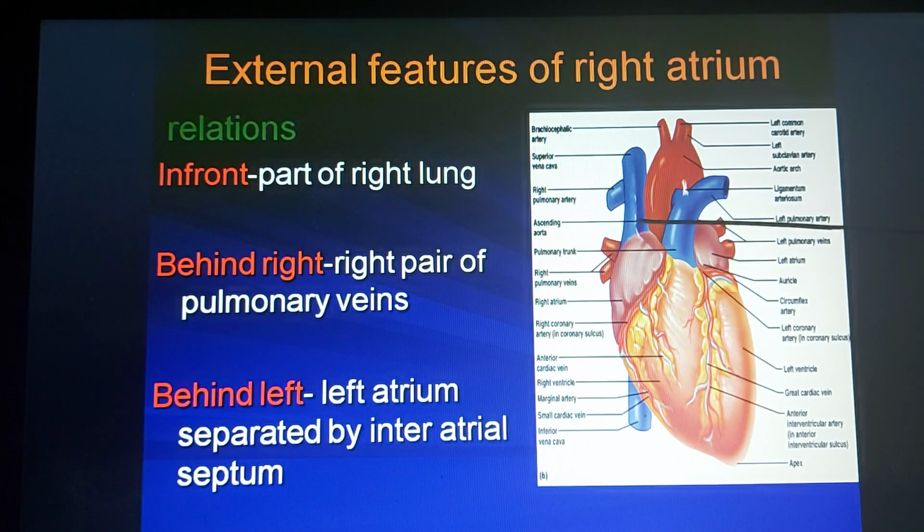Behind left, it is related to the left atrium, which is separated by the interatrial septum.